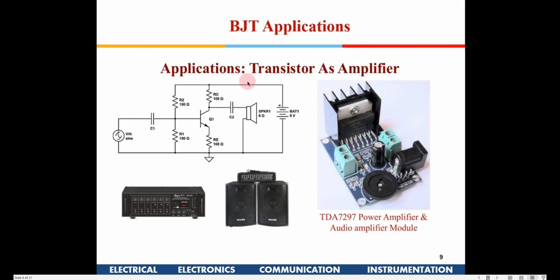Okay. Also the transistors can be used as amplifiers. Okay, like you give a small AC signal of a few millivolts. A transistor can amplify that signal by even 1000 times. Okay, so if you give a 1 millivolt signal, you can obtain a 1 volt signal out here.